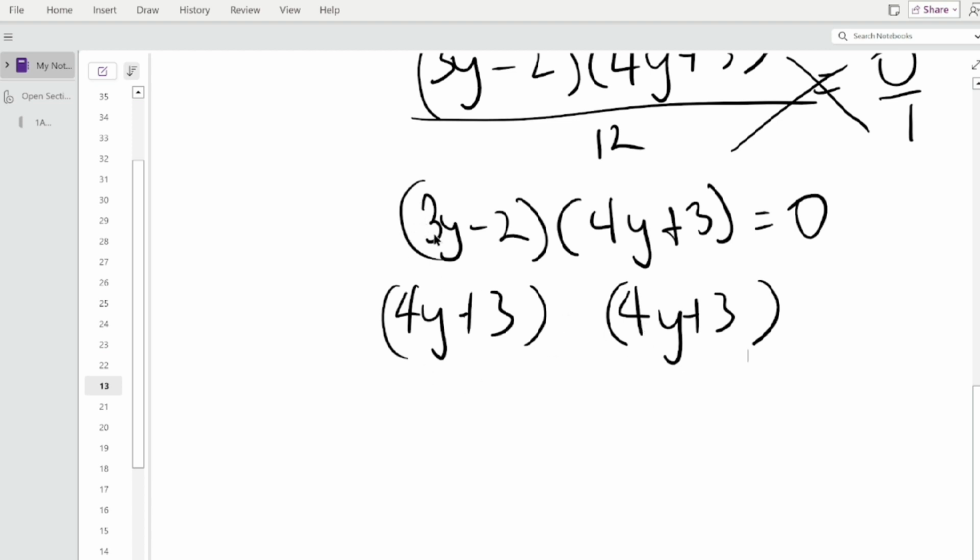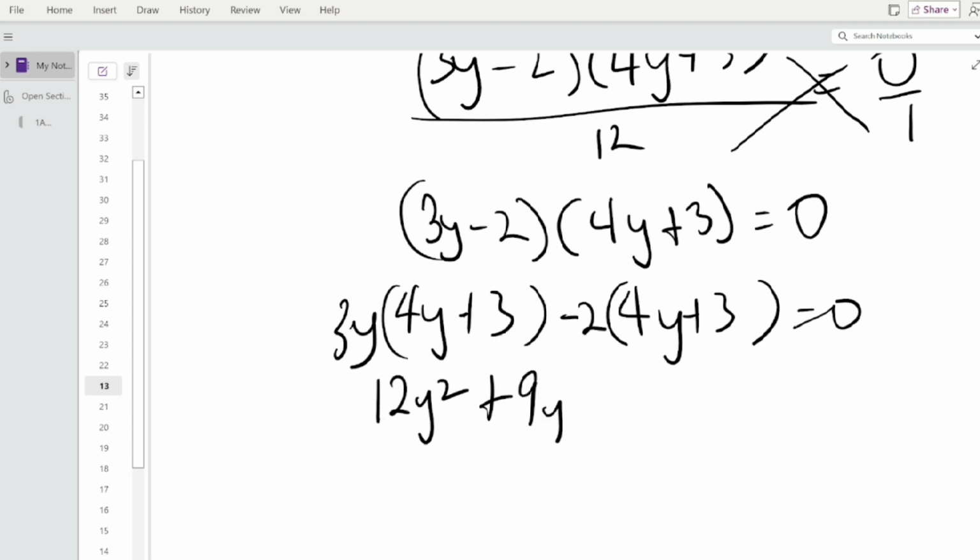Then for the first value, we write in front 3y, then this other one, you write it minus 2 equals 0. Then we have 3y times 4y. 3 times 4 is 12. Y times y is y squared. So you have 12y squared. 3y times 3, that's 3 times 3 is 9, then with the y.